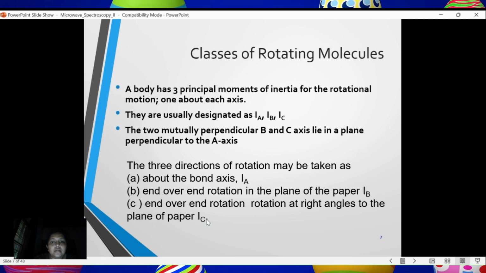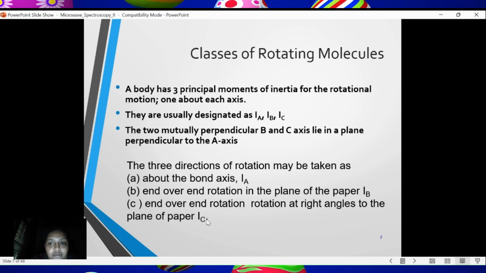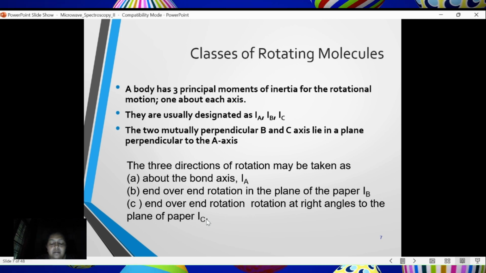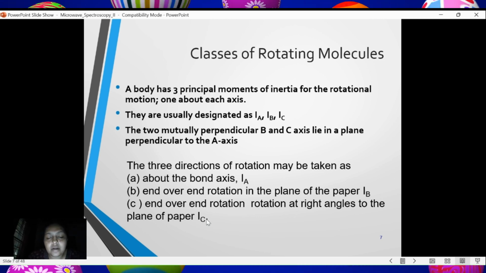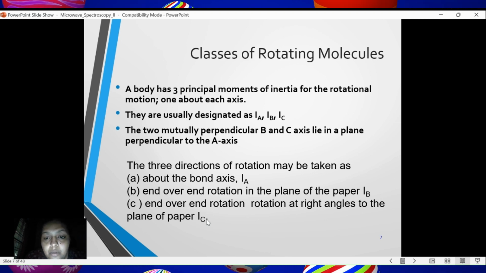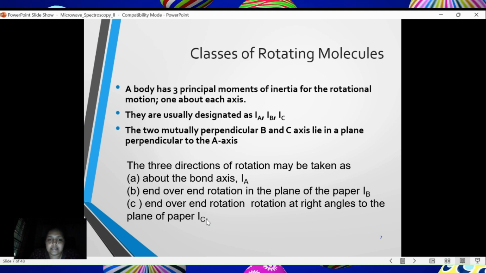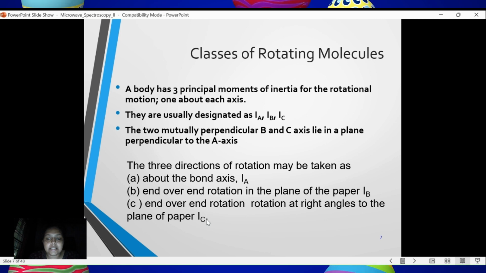Then, for rotating molecules, depending upon the moment of inertia, there are classes of molecules. A body has three principal moments of inertia for the rotational motion, one about each axis. They are usually represented as IA, IB, and IC.